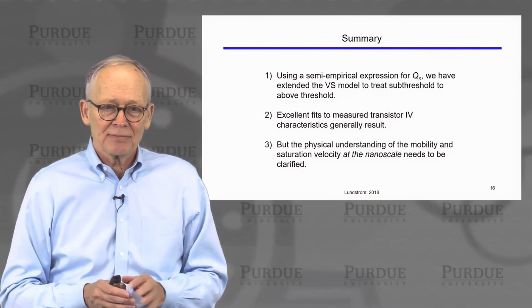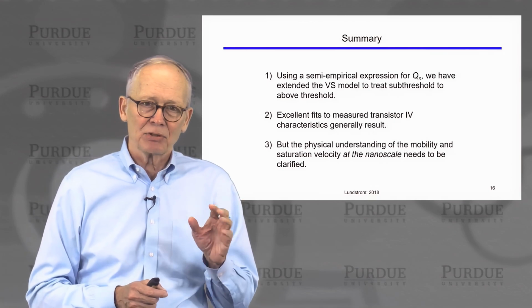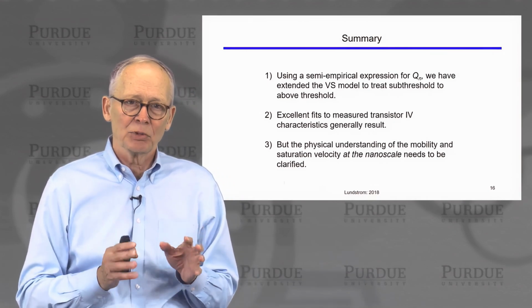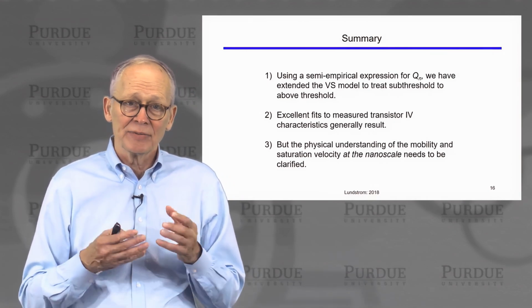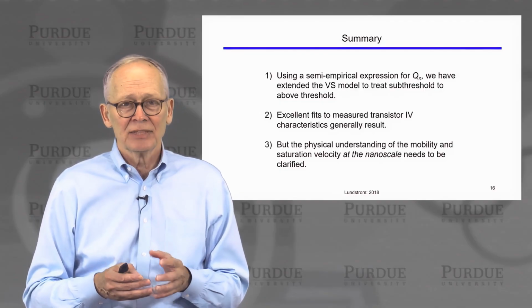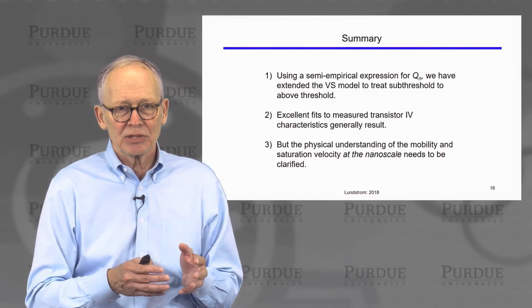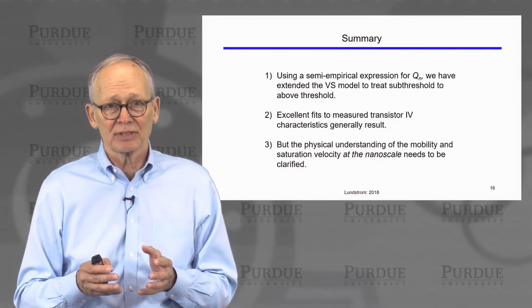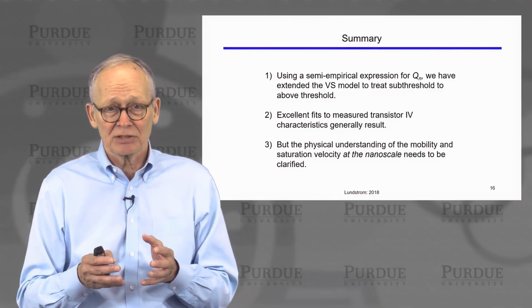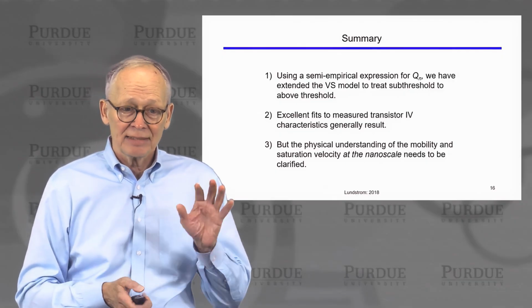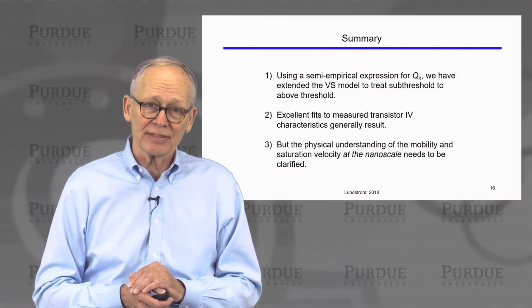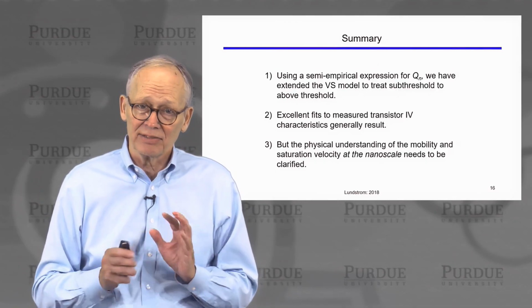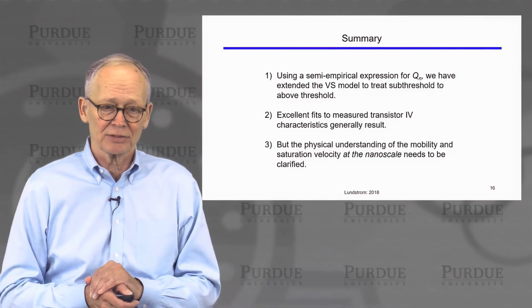So let's summarize. Using this semi-empirical model that we developed for the mobile charge versus gate voltage, we've extended the virtual source model so that it now treats subthreshold to above threshold continuously, linear to saturation region continuously. This model now produces excellent fits to the measured characteristics of very short channel modern transistors.